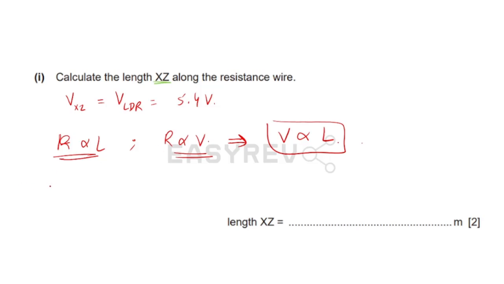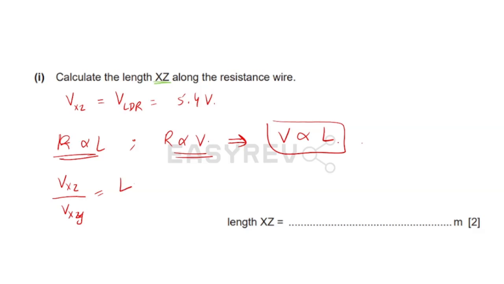So in this case, we can write a ratio as follows. Vxz, the potential difference across the points xz, we can compare with the total potential difference across the entire wire, let's call that xy.